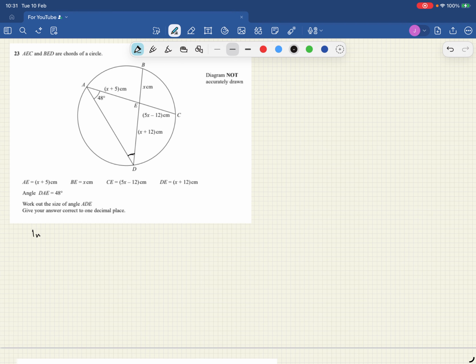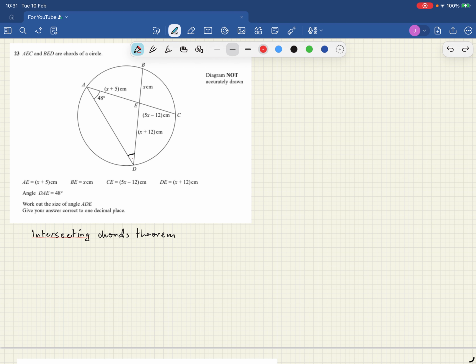And so let's have a quick look. You've got a chord here and a chord here, and they intersect, right? So there's definitely something to do with that. And there is a relationship that always holds when you have intersecting chords.